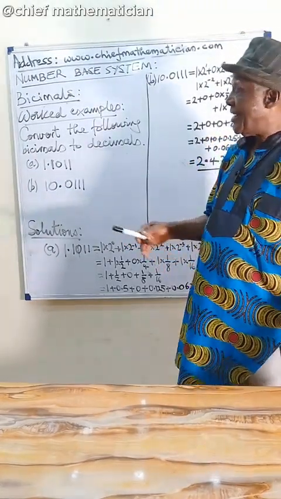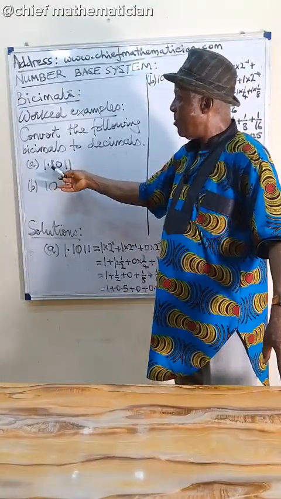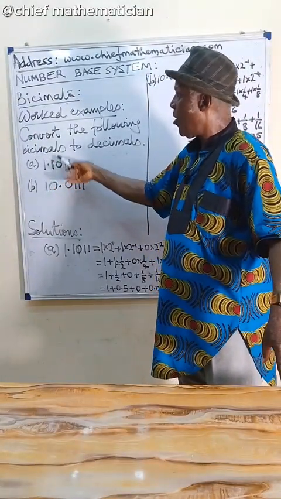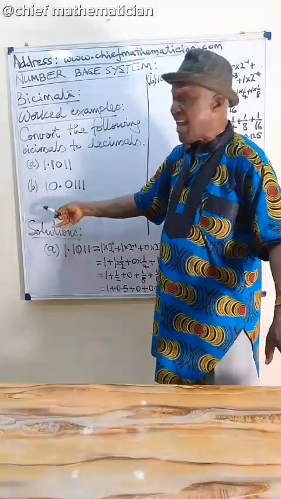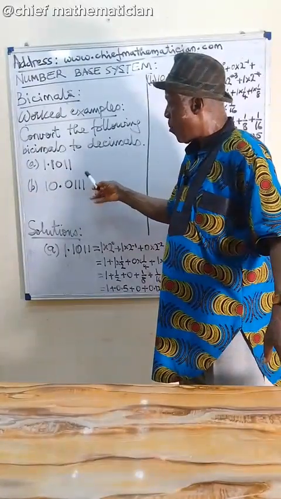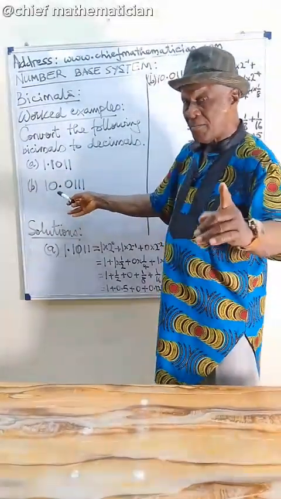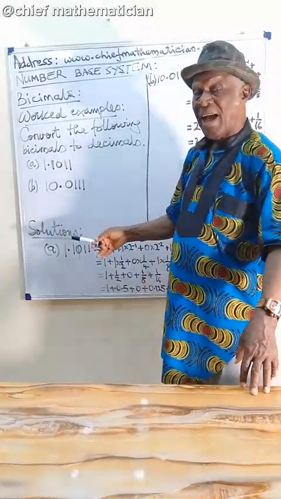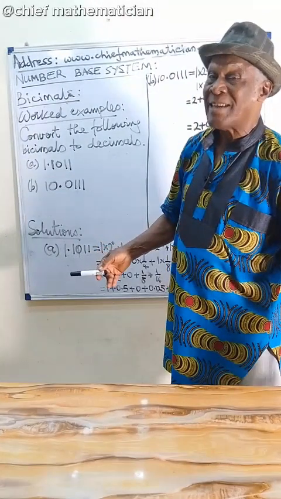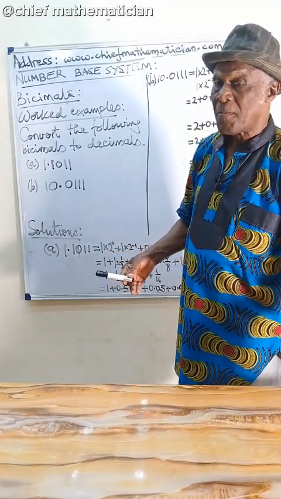For instance, I'm saying 1.1011. Here, I'm saying 10.0111. I'm not saying ten point, because I'm not working in base 10. I'm working in base 2.